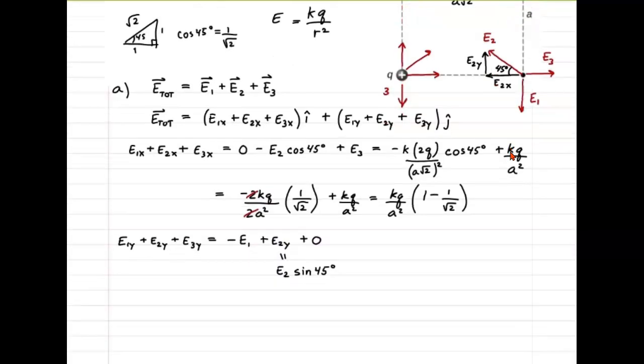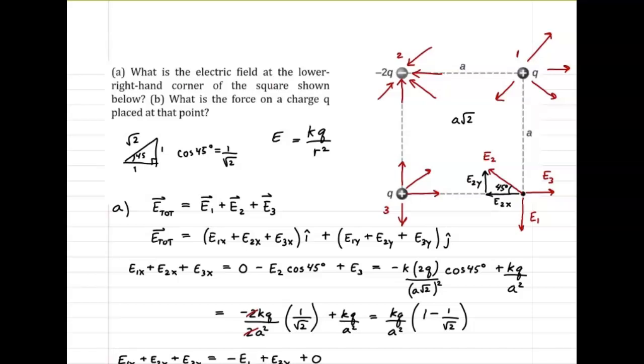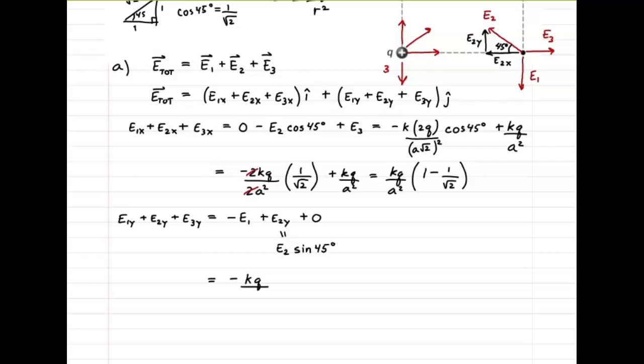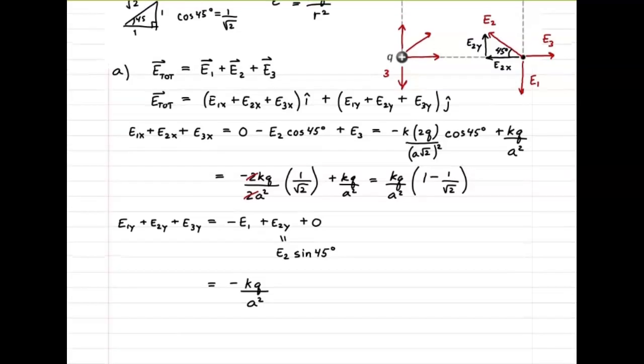Now we're ready to put in Coulomb's law. Negative sign, K, and then the charge of E1. E1 is positive Q, so we'll put Q over the distance to the E1, which is A squared. So that's E1. Next, we want the magnitude E2.